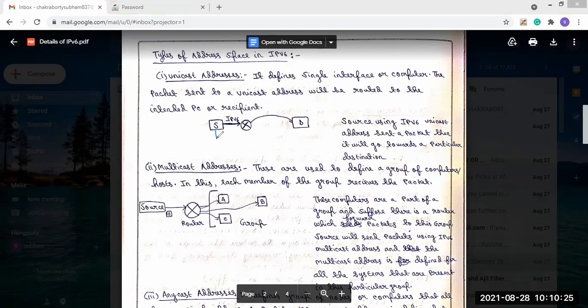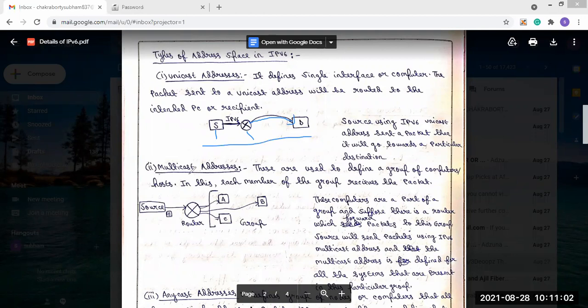Whenever it sends a packet, through the router that is present, this packet will go to the intended PC or the intended destination. So the packet is transmitted to the router, and from the router, the packet will go to the intended destination. So this is the unicast address.